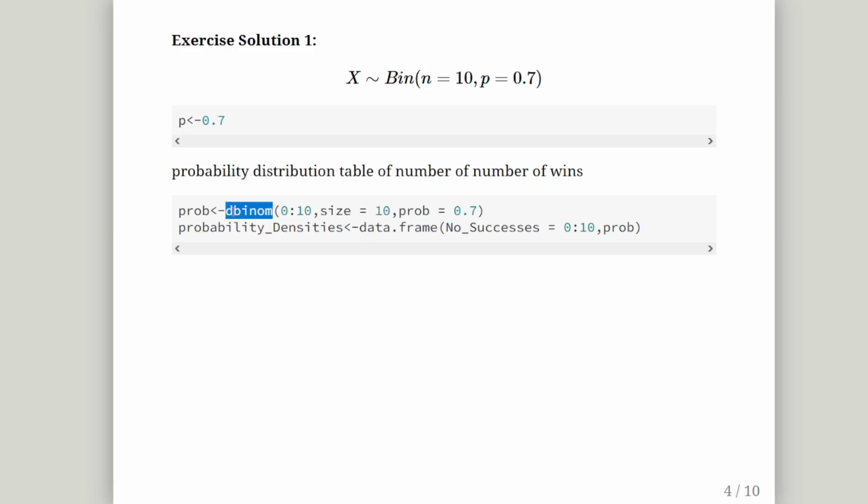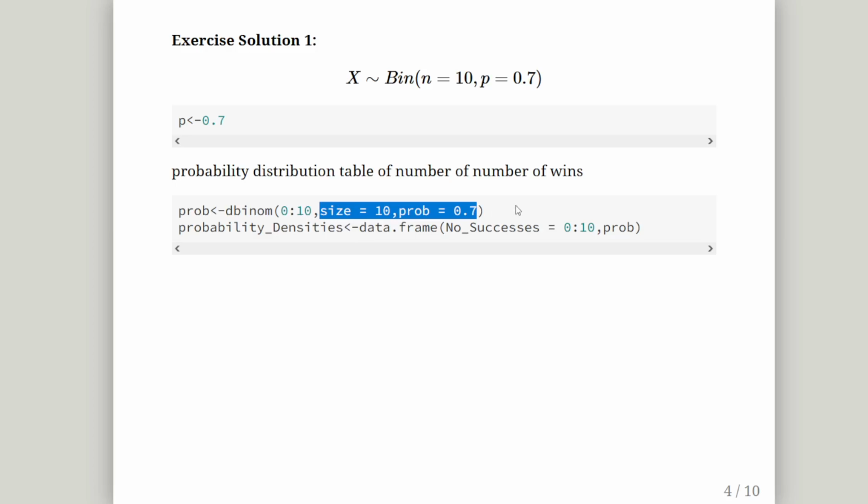D usually means density, but in the context of the binomial distribution, it is a probability mass function because the binomial distribution is a discrete random variable. So dbinom. That's our inputs, 0 to 10. The arguments are as follows: the size equals 10, that's the number of independent trials, and the probability of success is 0.7.